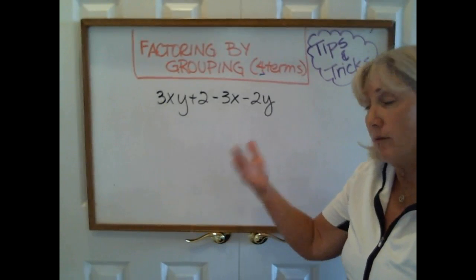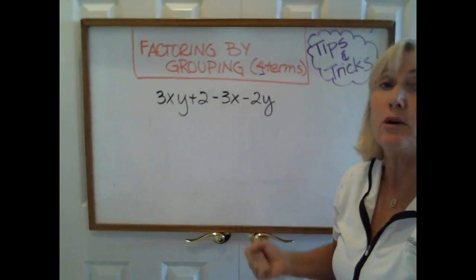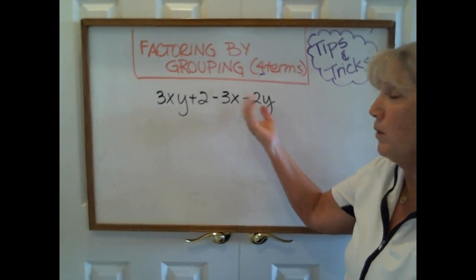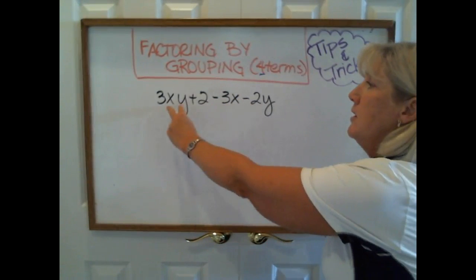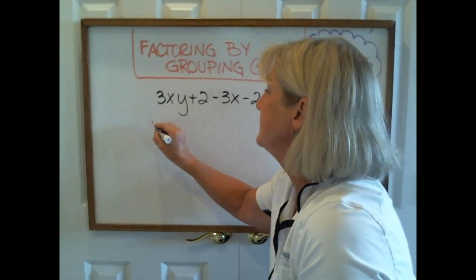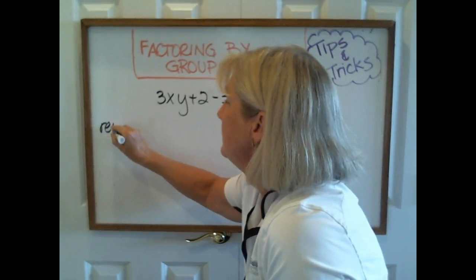So what we need to do here is rearrange it so there is a common factor. Notice we need to keep the signs with whatever term it is. So I'm going to notice that there's a 3x here and a negative 3x here. So I'm going to rewrite it.